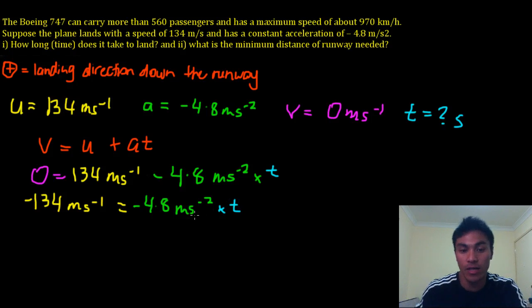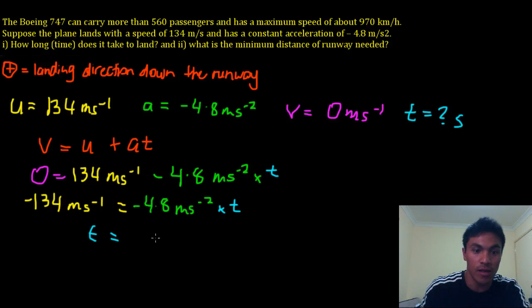Okay, and in order to solve for t, we just need to divide both sides by 4.8 meters per second.